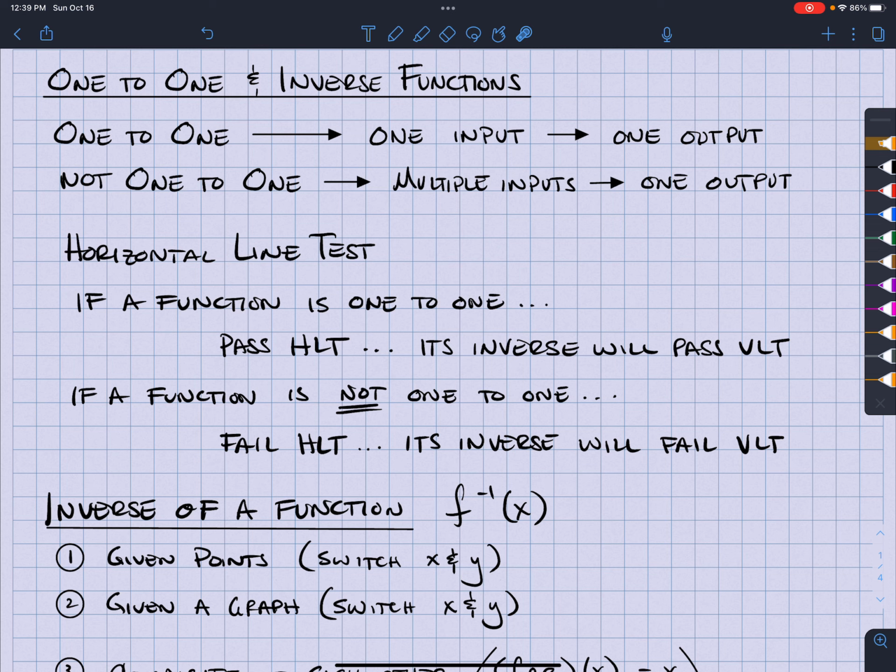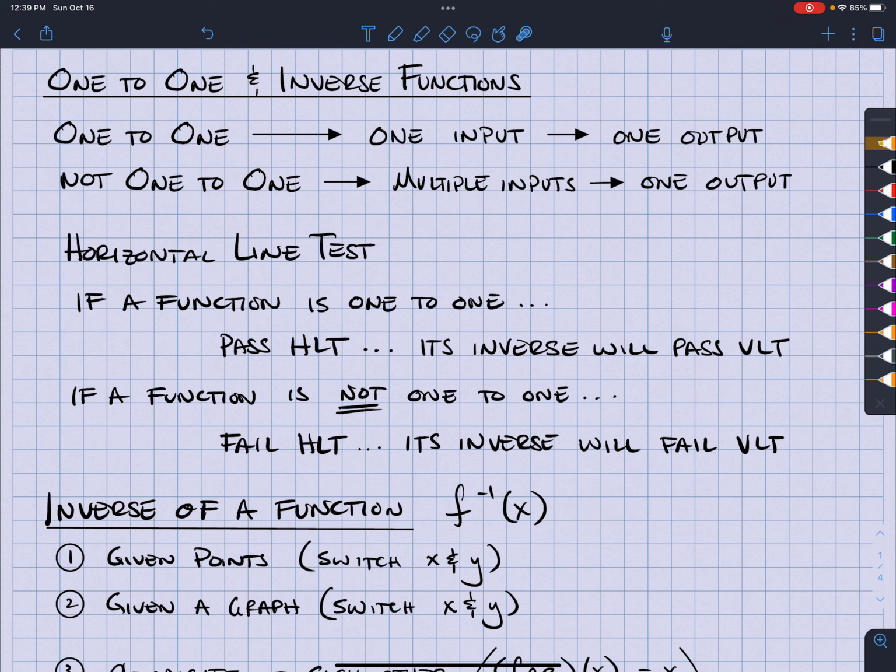But one-to-one is a little bit different. We'll get into how one-to-one relates to whether it's a function or not. With a function, we have the vertical line test, where with one-to-one, we have the horizontal line test. Again, they are related.